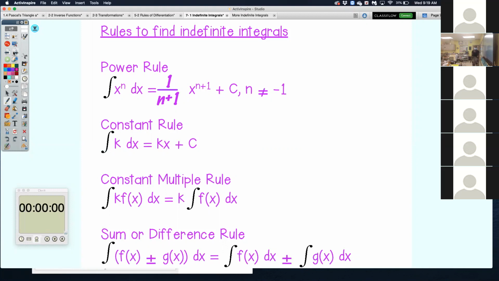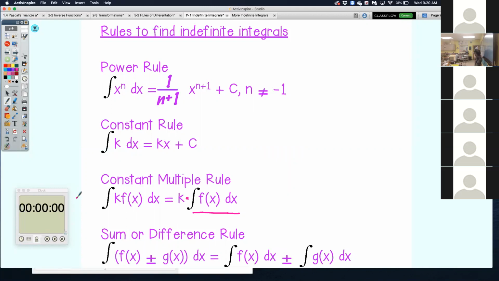And then of course your plus c. For your constant multiple rule, anytime there's a number in front of your function and you're taking the integral of that, you can pull out that constant and then do the antiderivative of the function and then just multiply by k afterwards, whatever that constant is.